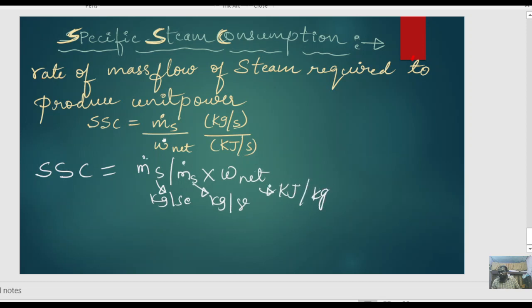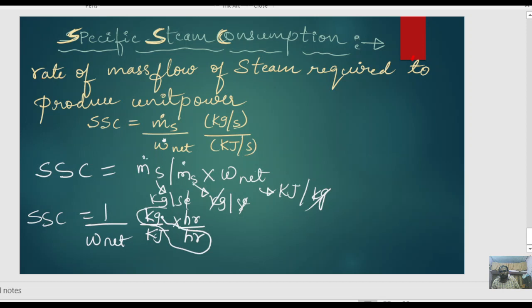If we cancel the seconds, specific steam consumption finally leaves 1 divided by W net, in kg per kilojoule. If you multiply hour divided by hour, kg per hour divided by kilojoule per hour.